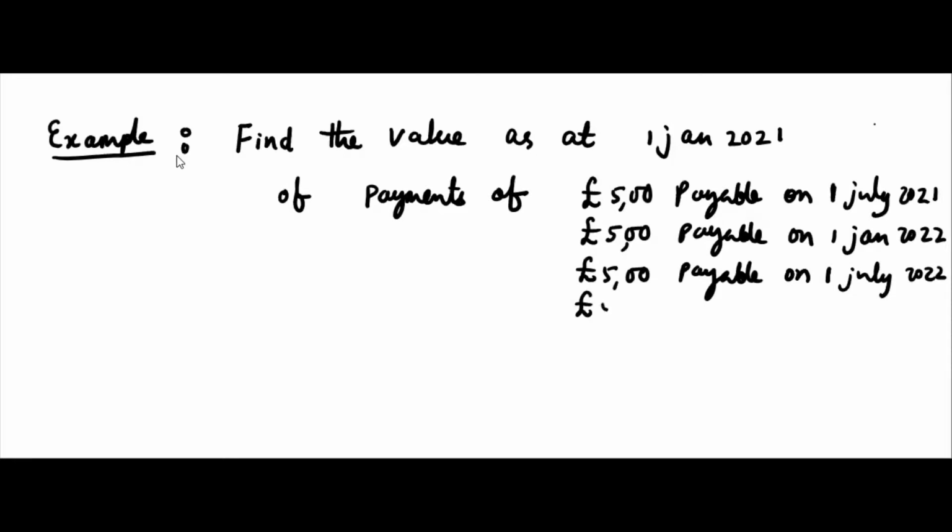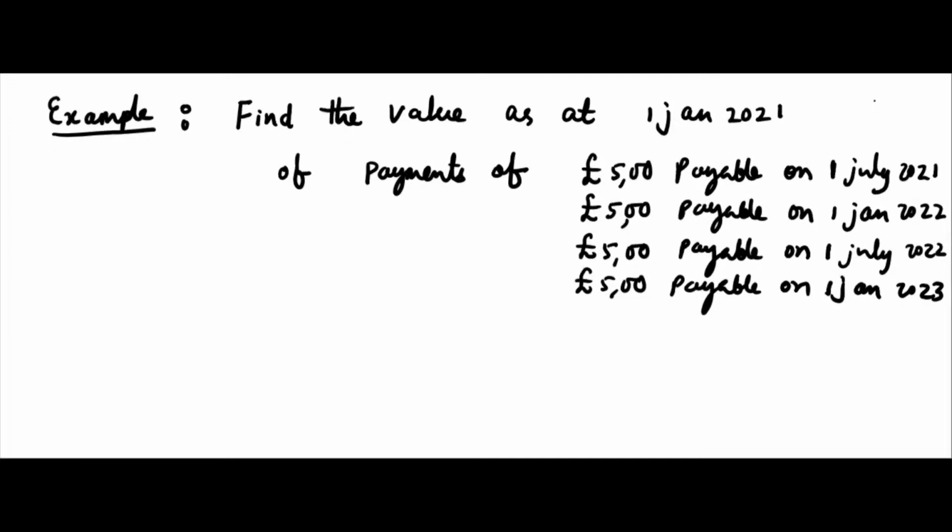Now we have 4 payments. Then we have another one payable on 1 Jan 2023. So if you see, the gap is 6 months here, half a year. There are 4 payments. Okay, so we can do it by 2 methods.